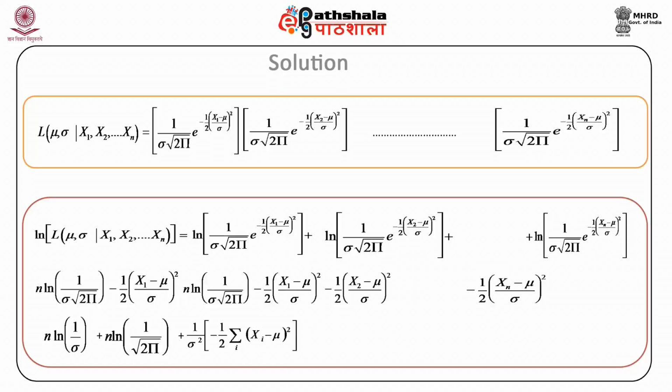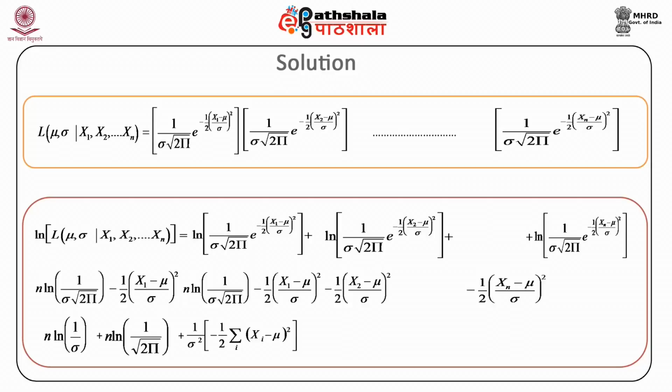Now the same term is repeated n times, and our last term therefore is 1 upon root 2 pi into sigma into e raised to power minus half into ((xn minus mu) by sigma) whole square.